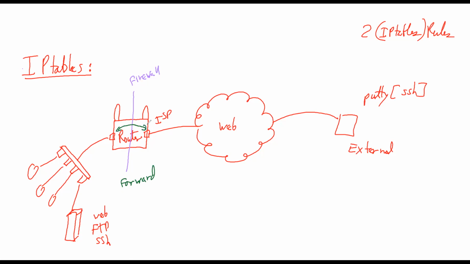And that means forward, and usually this forward chain by default does not allow anything that initiated outside to come into the network, right? So it implicitly denies. Therefore, if you remember, because of implicitly denied and explicitly accept, we actually need a rule for that. So one of the rules is actually to allow that traffic to happen, okay?